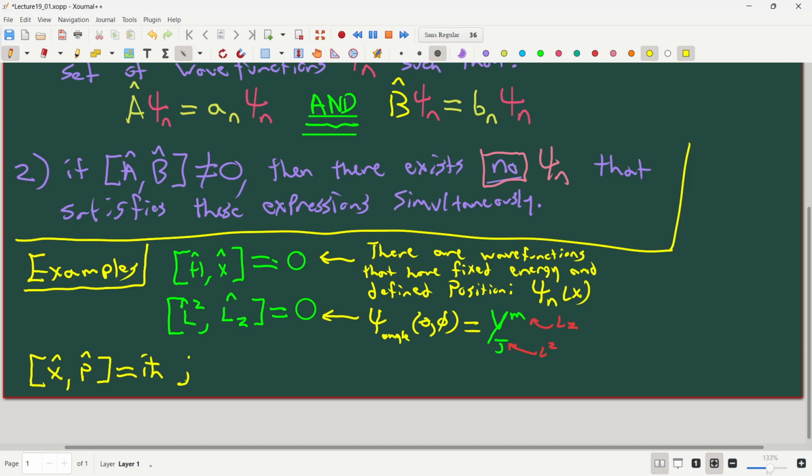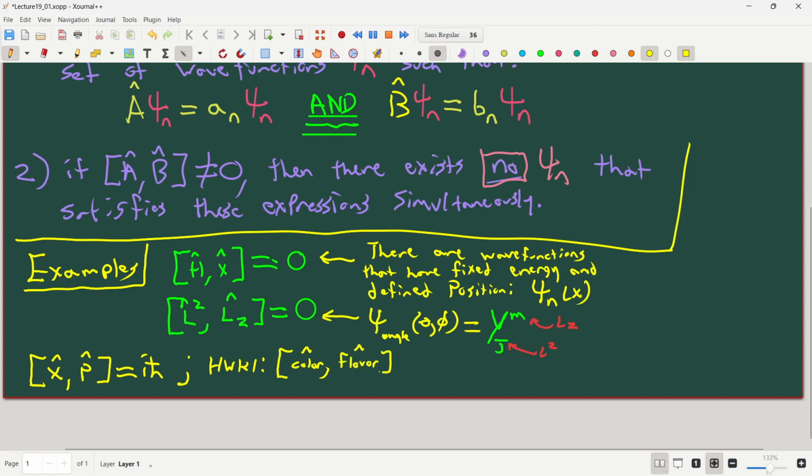Now, we can't calculate it just yet, but just from homework 1, I won't calculate the exact answer for this. But if you take the commutator of color and flavor, this is also not equal to 0. Now, the result of this is not defined because I didn't define what this comes out to.